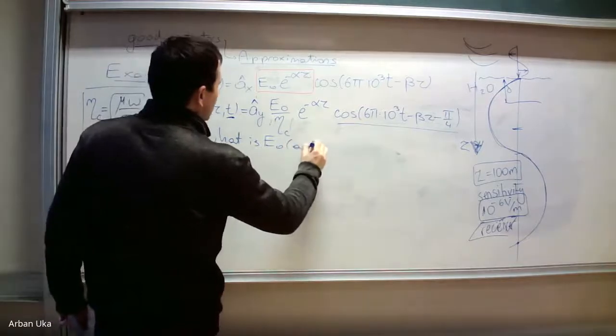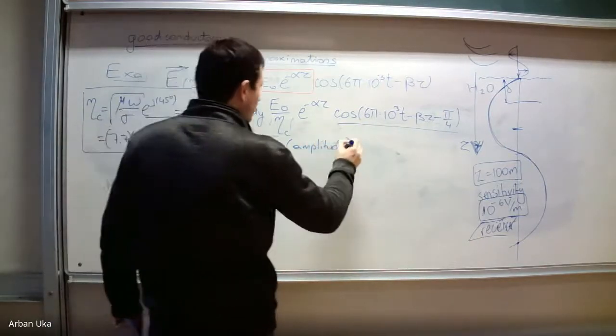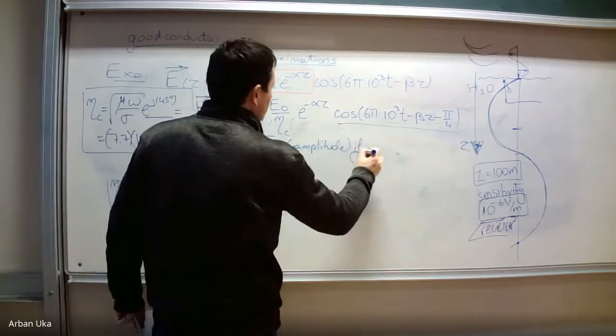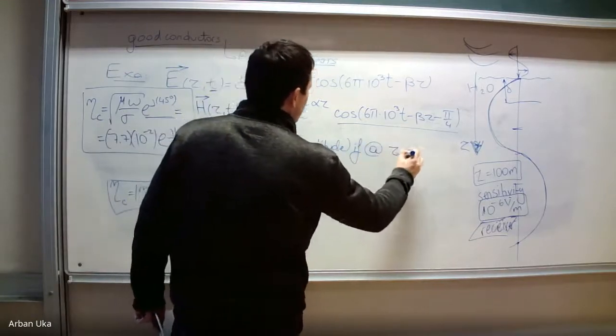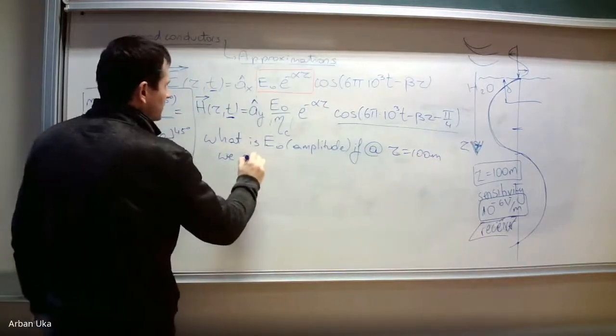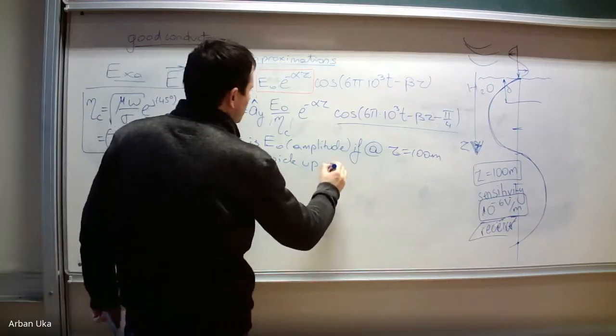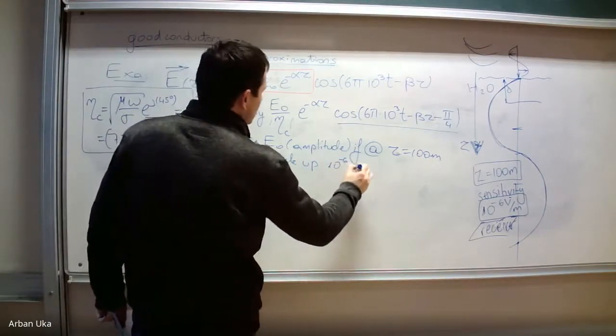Which is called the amplitude, the initial amplitude, if at z equal to 100 meters, we can pick up 10 to the power minus 6 volt per meter.